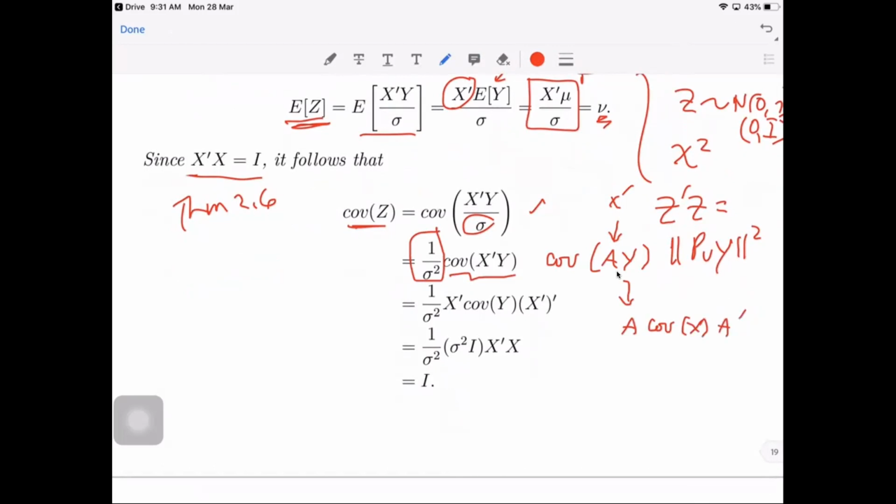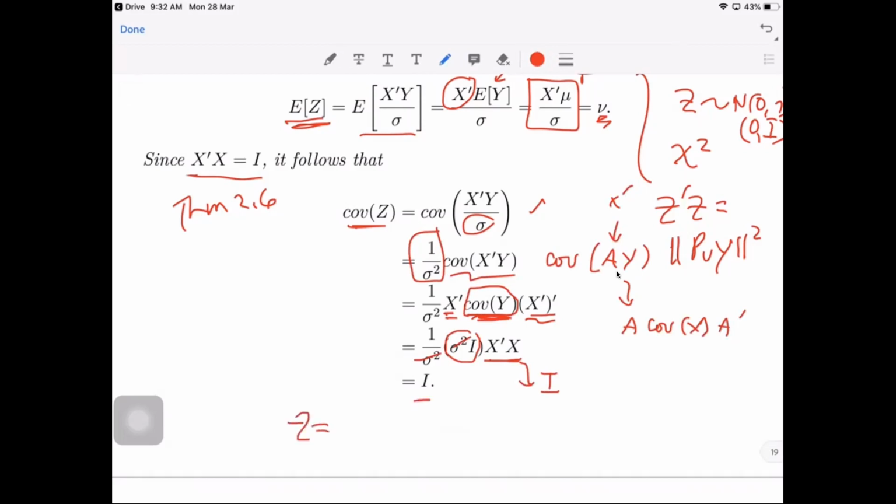So it means that it is equal to A, which is x prime, covariance of y, then A prime. So you know that the covariance of y is actually sigma squared I, and that will be a constant with respect to this matrix x prime and x here. So you will have x prime x, but x prime x is the identity. This is cancelled with that. So when you do multiplication, it's just I.